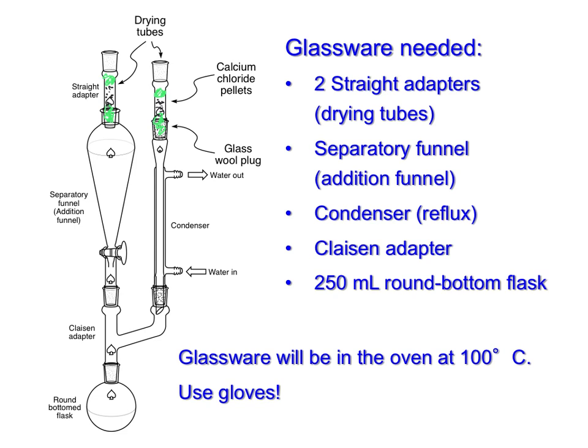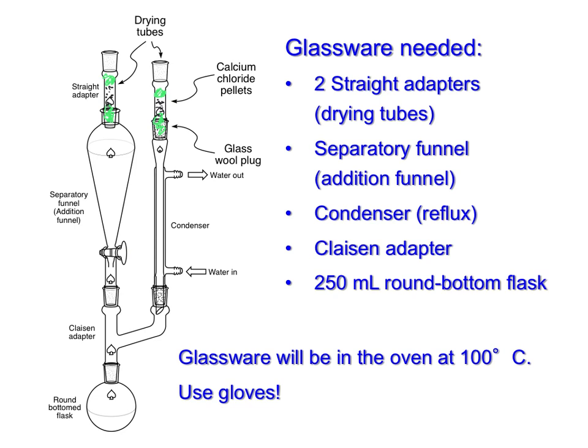And again, the glassware will be in the oven because glass has a polar surface. Water tends to stick to the surface of glass. So all of this glassware will be in the oven. The Teflon stopcocks will have been removed. So you'll need to take them out of the oven when you come to lab. You'll need to use gloves because at this temperature, it can burn you. Set it up as quickly as possible so that not too much water gets inside.